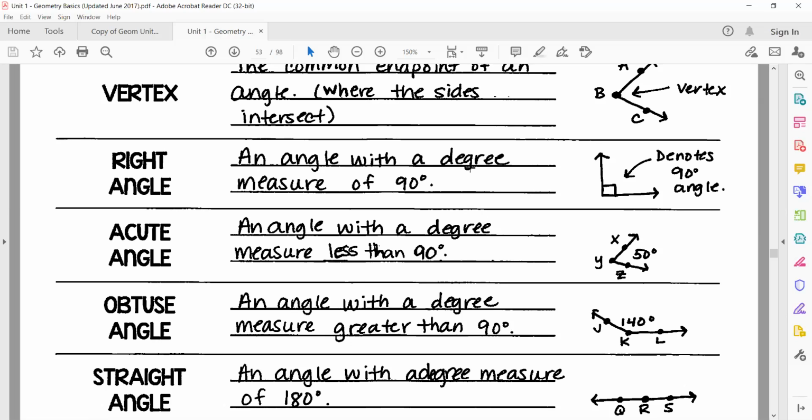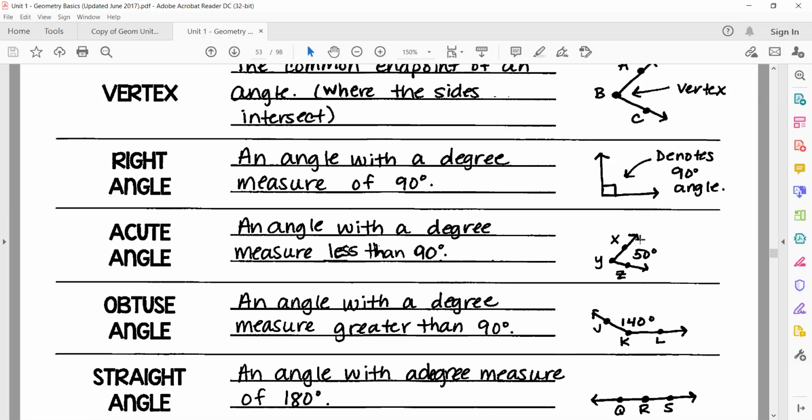See, the thing about right angles is they are always exactly 90, not 89.9, not 90.1, 90 only. So a right angle can only have that square. That's the only kind that you'll see this. An acute angle is everything less than 90.